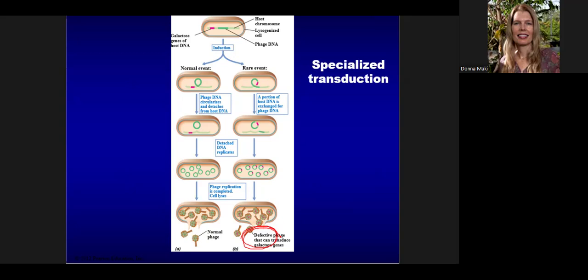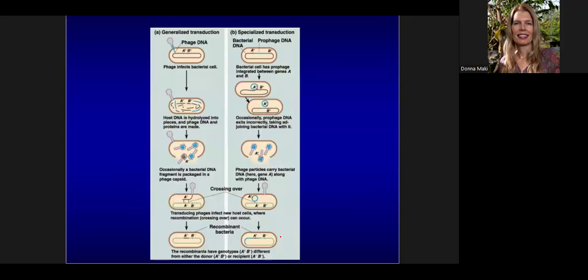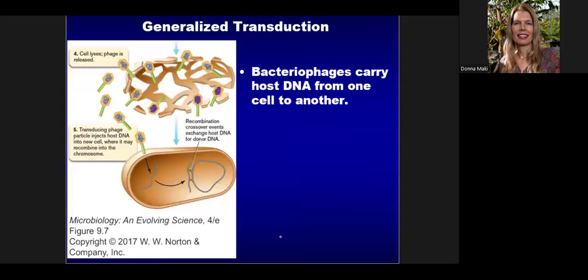And now that second bacteria has DNA from the first bacteria, the first host. And so the virus can't really take that second host hostage. It doesn't have enough of its own genes to do that. Well, I should say it's defective. That's the more proper way to say it.